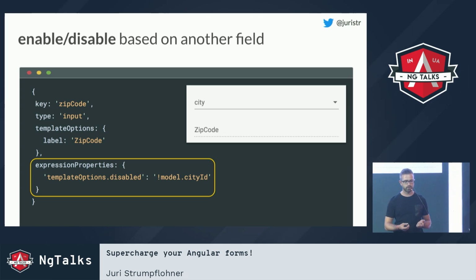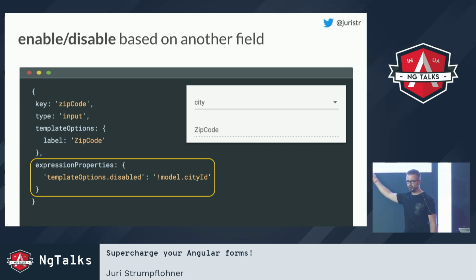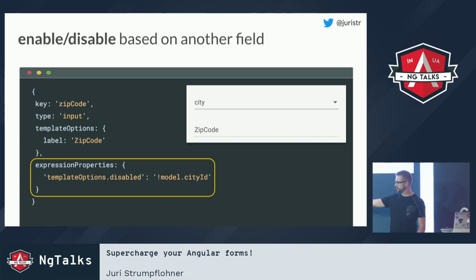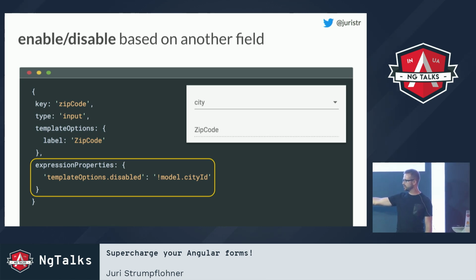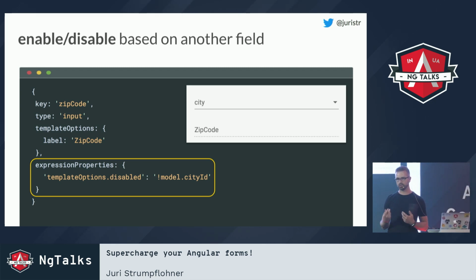So what I can say here, for instance, is templateOptions.disabled. Whenever the city is not chosen, the zip code will be disabled because it doesn't make sense to enter a zip code. And so you can see down here, I'm telling it to set disabled to true whenever that city ID is not defined. And obviously once the city is chosen, it will be enabled.